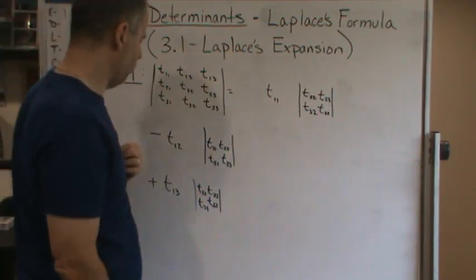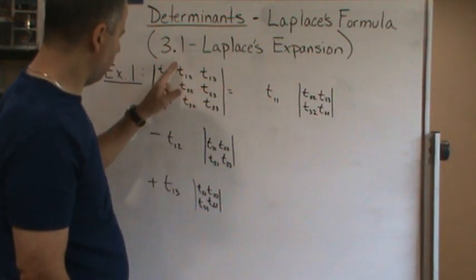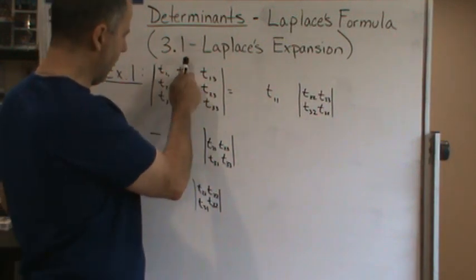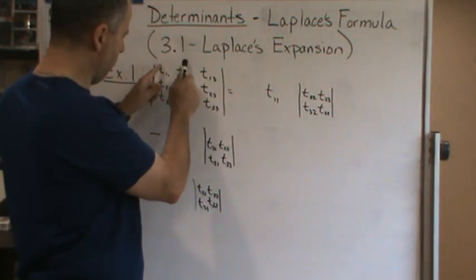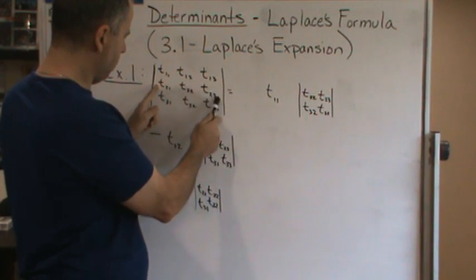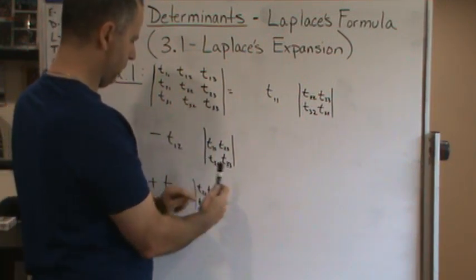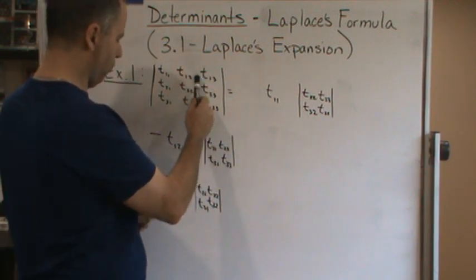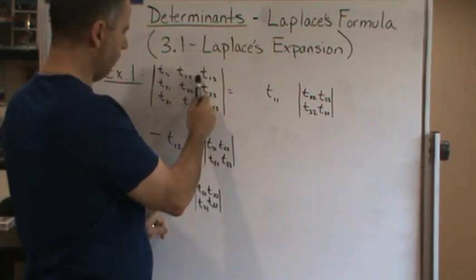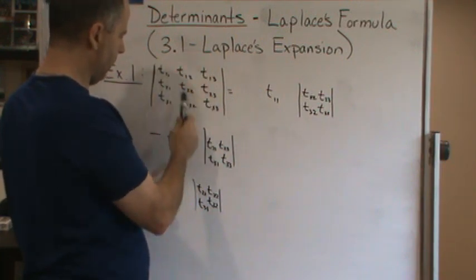And then also look at T12. If we take T12 and we ignore the row and column that that's in, look at that. If we ignore this row and this column, look what we have left over: 2, 1, 2, 3, 3, 1, 3, 3. And if we take 1, 3, right, and we take that 1 and we ignore the row and column that that's in, what do we have left over?